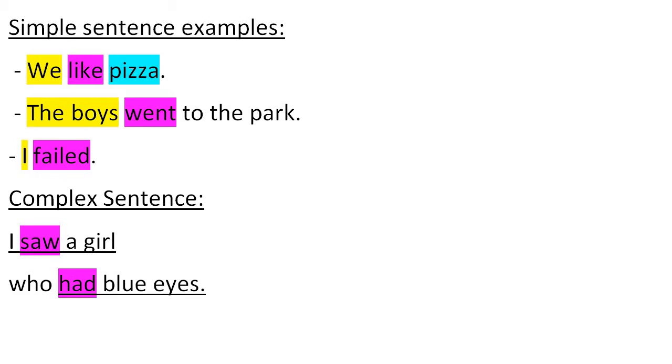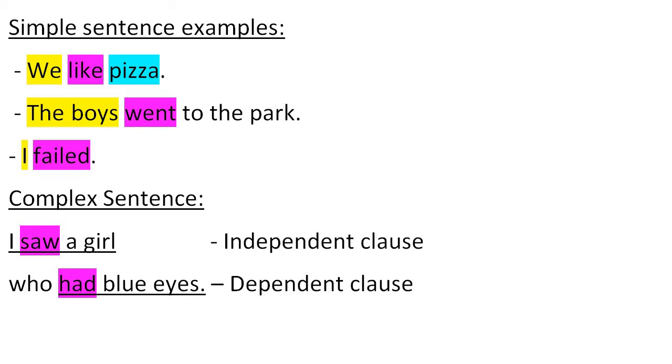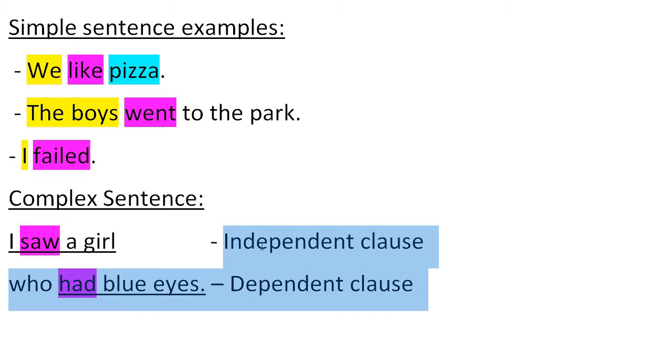So that's what we call a dependent clause. Dependent because it can't stand on its own. Independent meaning it's on its own, right? Dependent, it can't work on its own as a sentence. So what you then end up with is a sentence that has two clauses. But one of them is independent, I saw a girl, one complete thought, and the other one is who had blue eyes, dependent clause, right? And that creates your complex sentence.